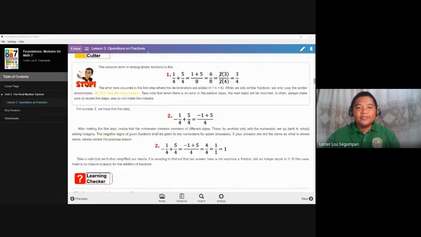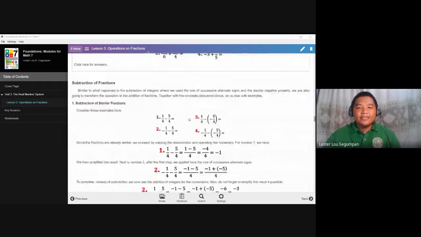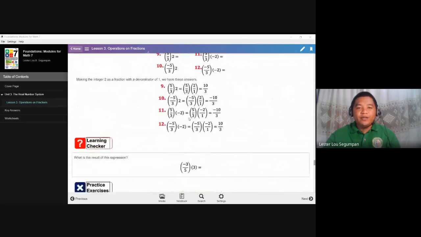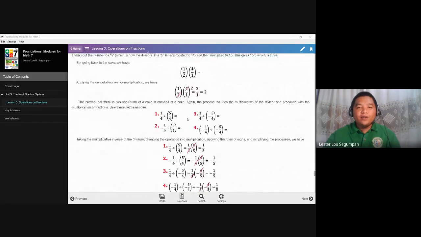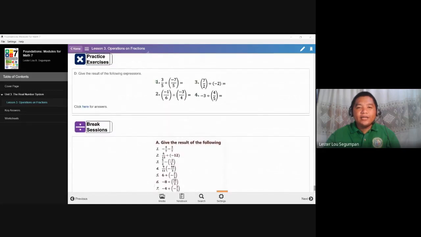So we will skip immediately to the practice exercise D as it is our concern for this video. We have 4 items still for letter D here, numbers 1, 2, 3, and 4, and we need to get the resulting value for each of the situations.